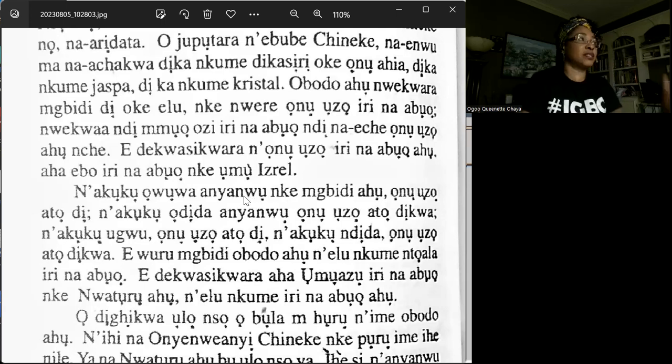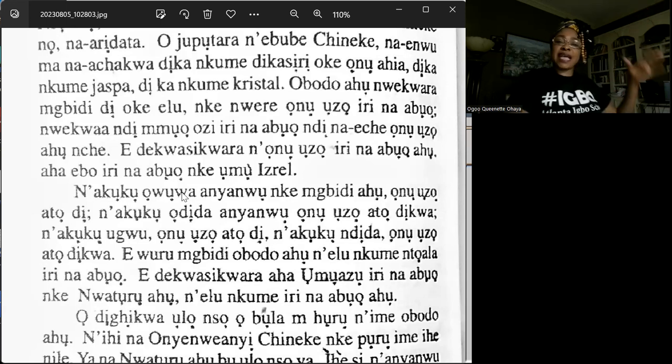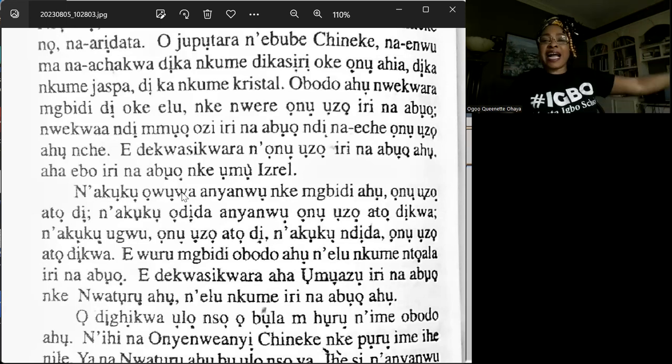Anyanwụ is sun. So n'akụkụ means it's the side, when they say sunset, sunrise. When I say akụkụ aka ekpe, it means your left side.